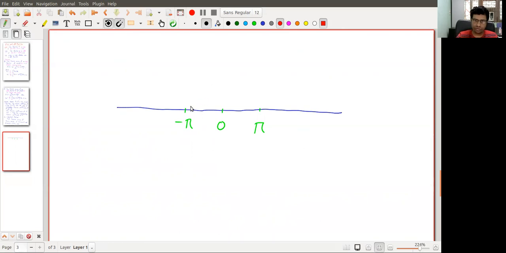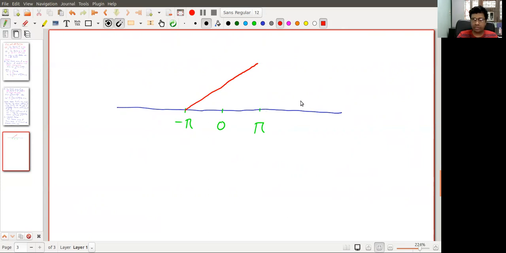So it makes an angle of 45 degrees with the horizontal axis. I am trying to sketch it, so it should look like this. Note that the function is not defined on the boundaries, that means at minus pi and pi, so nothing is there at these points.